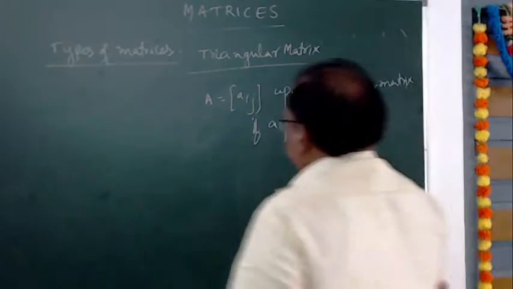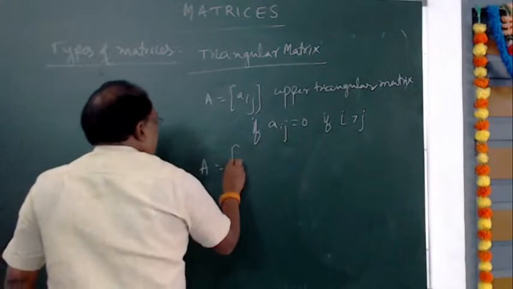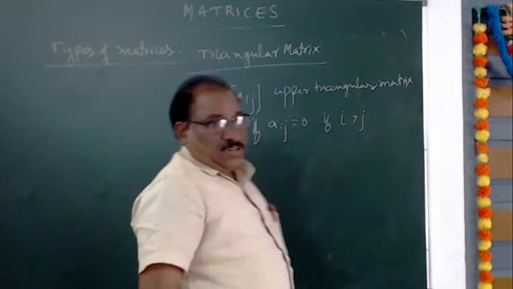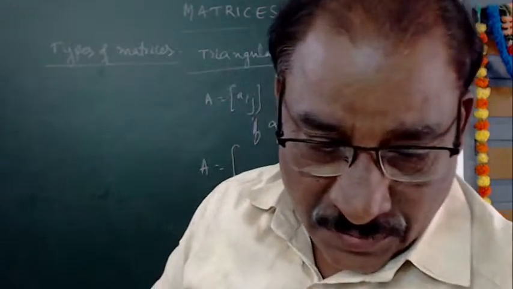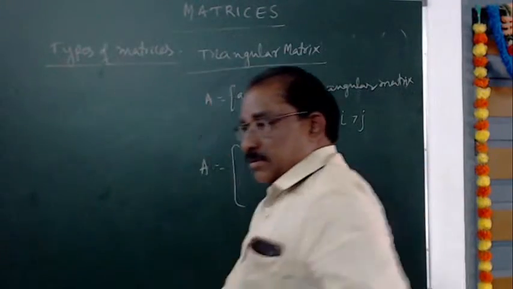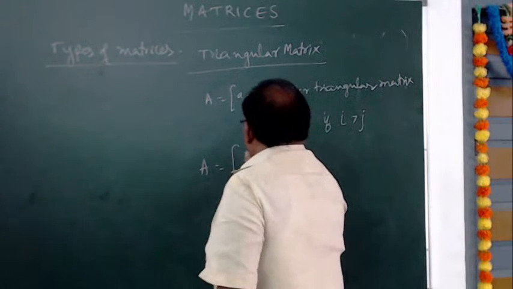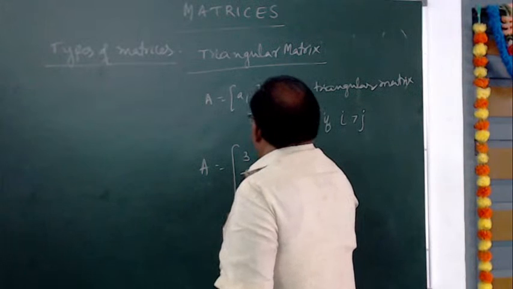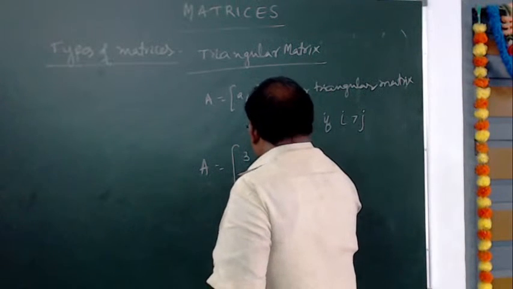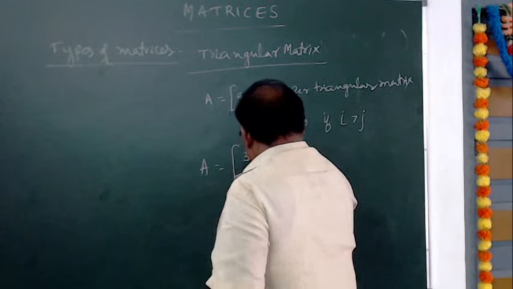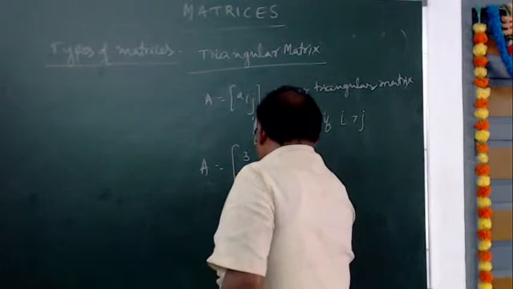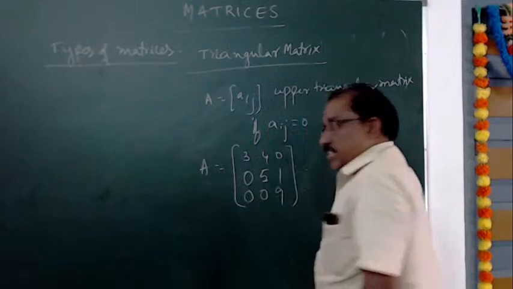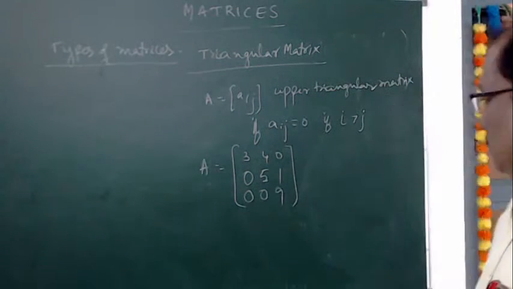Say, for example, we first take the upper triangular matrix: A is equal to 3, 4, 0, 0, 5, 1, 0, 0, 9. What is the condition for the upper triangular matrix?